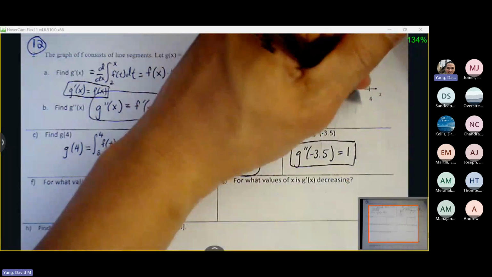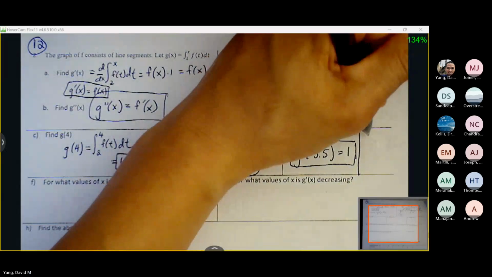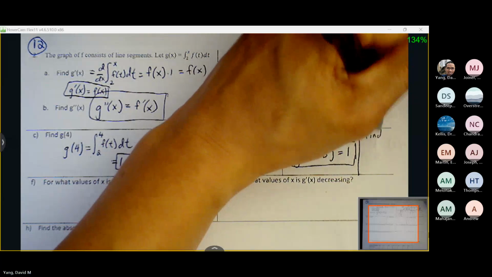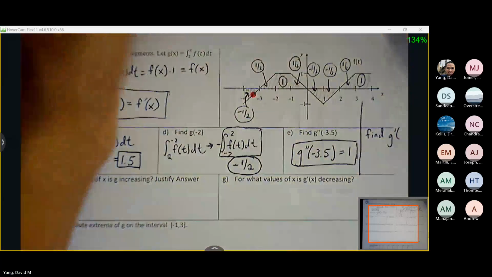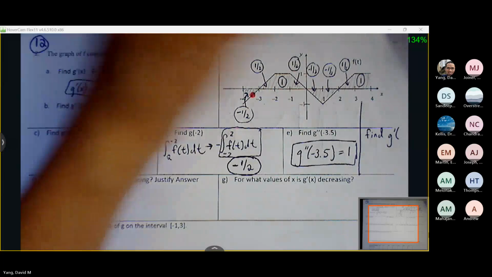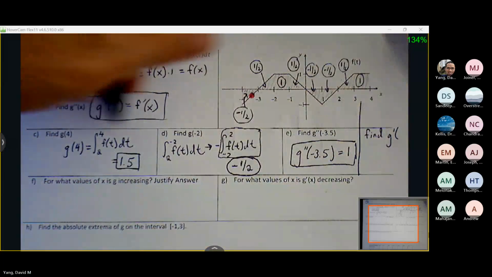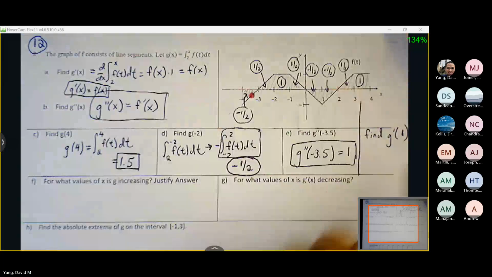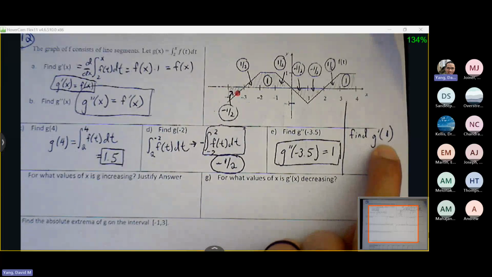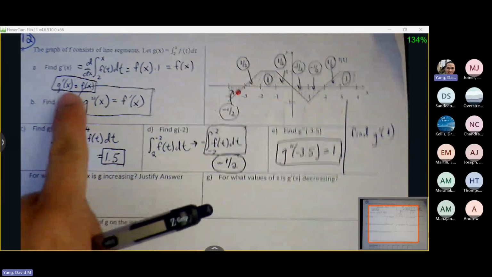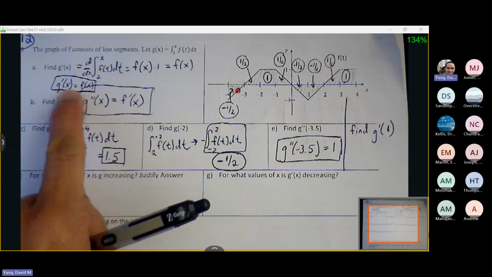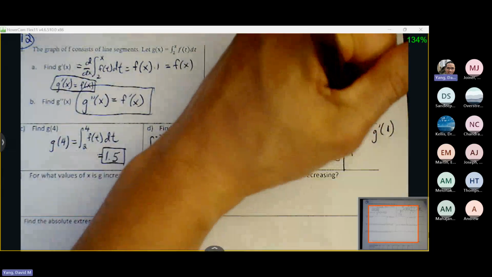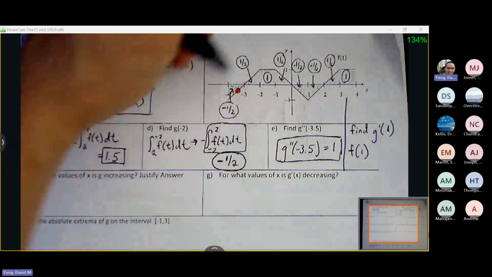Let me add one more here. What if I asked you to find G prime of 1? So we find our definition here. G prime is related to F. So G prime of 1 would be F of 1. And F of 1 would just be the ordered pair on this F graph.